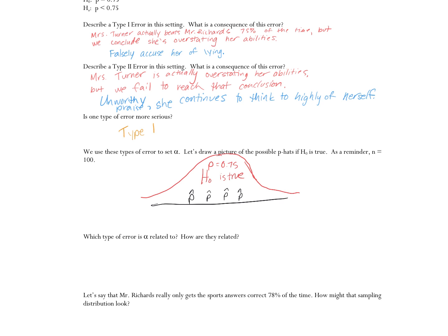And we're thinking about those possible p-hats. Can you help me out? What would the center of the p-hats be if the null hypothesis is true? 0.75. And the standard deviation would be, I'm going to need some help with this, the square root of 0.75 times 0.25 over 100, because our sample size for this example was 100.